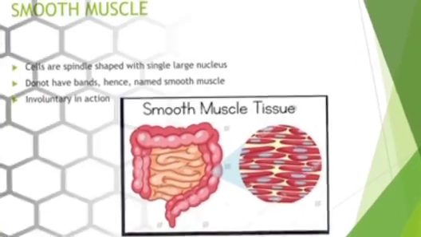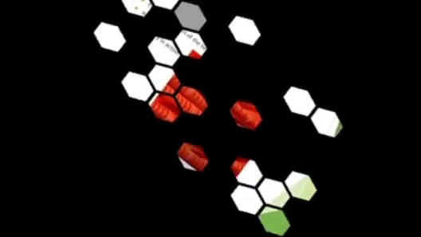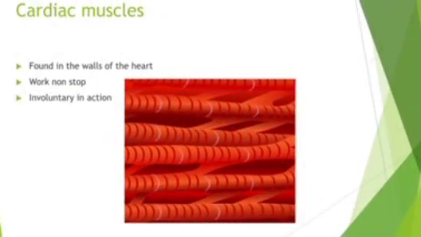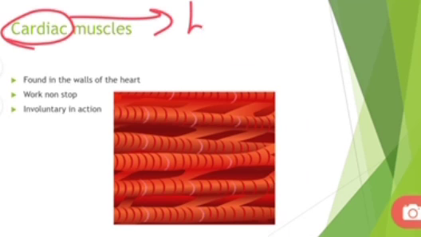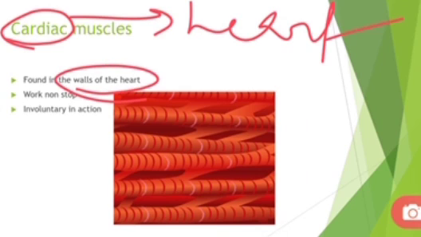Then coming to the next type of muscle, cardiac muscle. Cardiac means heart. The muscles found in the walls of the heart are known as cardiac muscles. They work non-stop. As you all know, our heart works non-stop throughout our life.